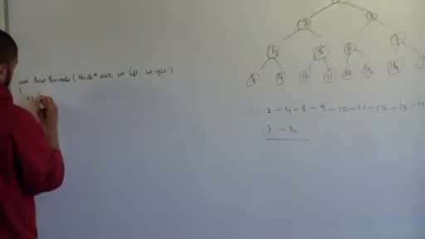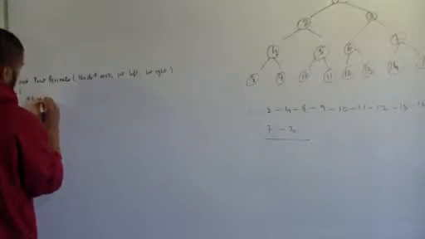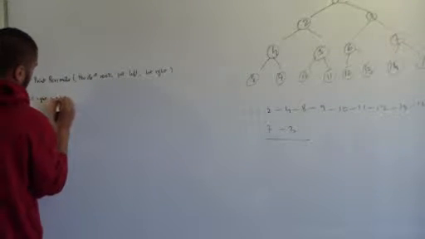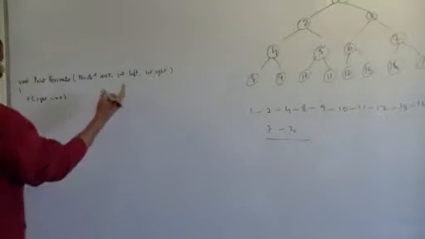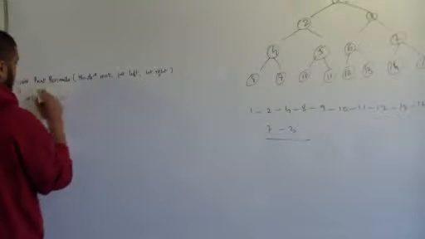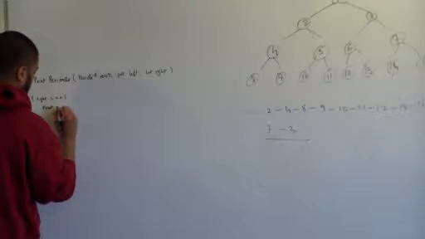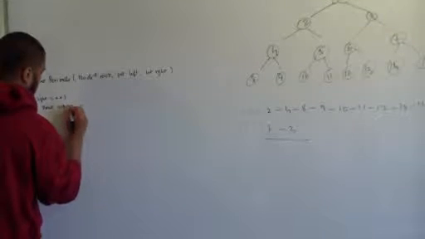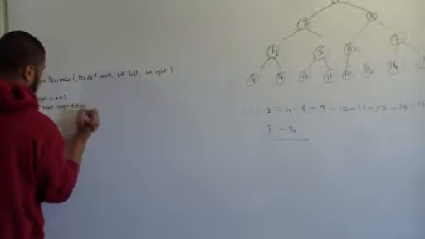So if right equal to 0, that means I am on the left side. We'll just print the root data.